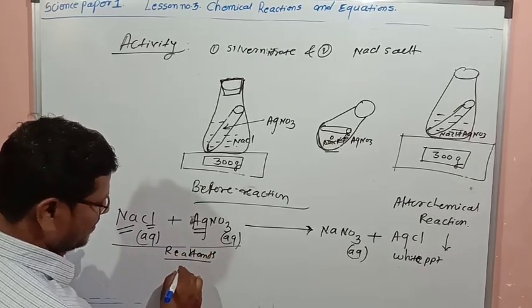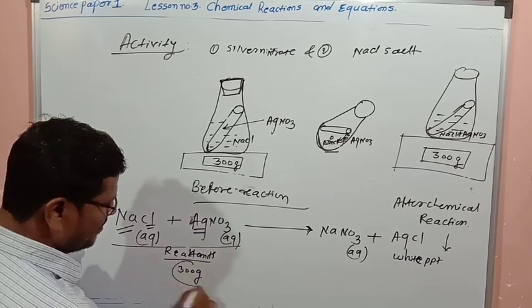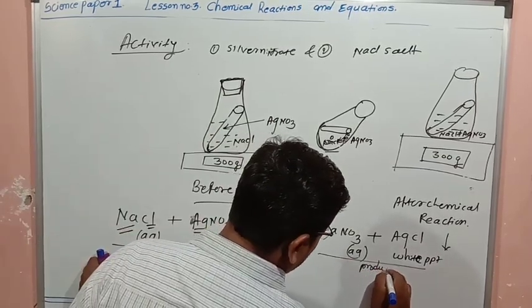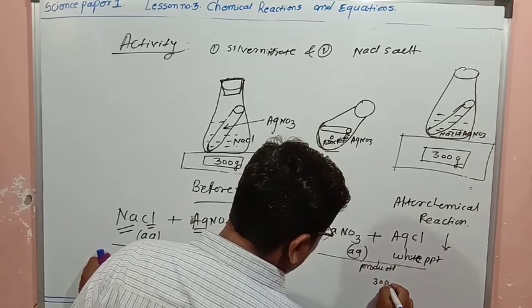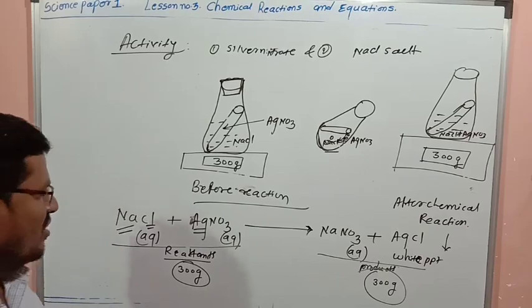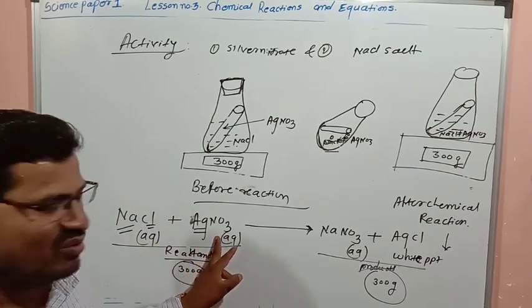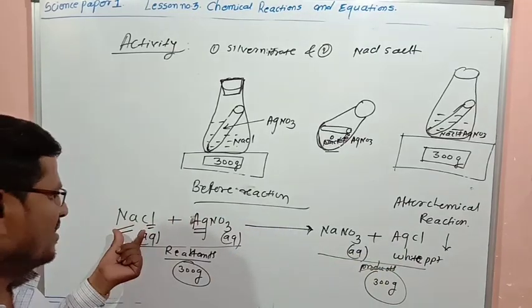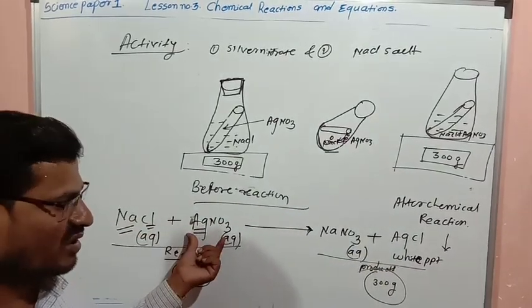Their weight is 300 grams before the chemical reaction, and these are the products. Their mass after the chemical reaction is also the same. So NaCl reacts with AgNO3 to give NaNO3 plus AgCl. The names are sodium chloride and silver nitrate.